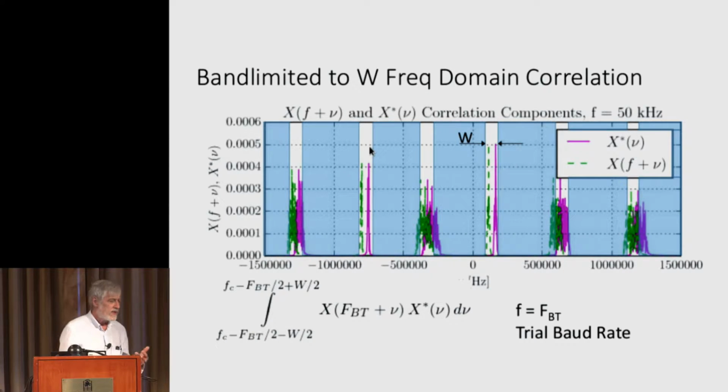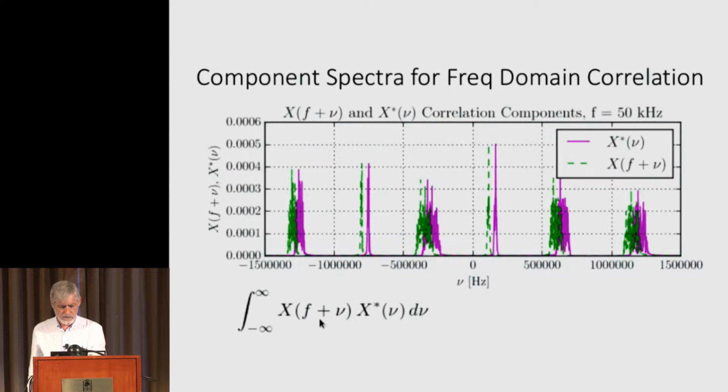And so in this way, I can actually get parameters of the 6 signals individually without having to separate them explicitly. In the formula here, the FBT means a trial baud rate. So what we're doing is shifting those signals. Looking at this one again, the green and the red are shifted versions of each other, and the shifting is by this little f in here.